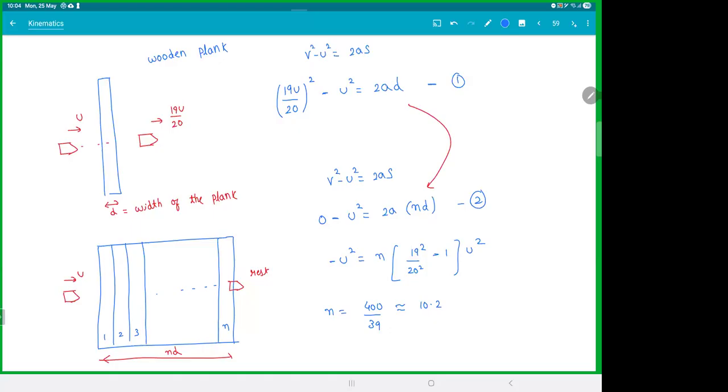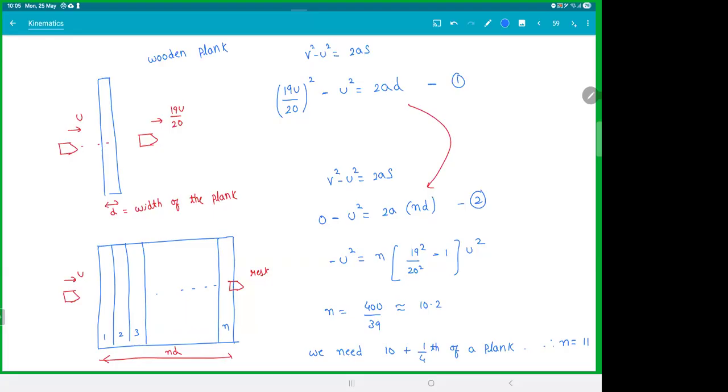If you put 10 planks, will it stop? No, you need 10 plus something. That means you need 11 planks. If you put 10 planks, you won't stop. You need one more plank. You won't penetrate completely, you'll go 1/4 and you'll stop.